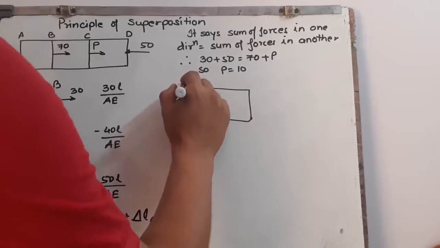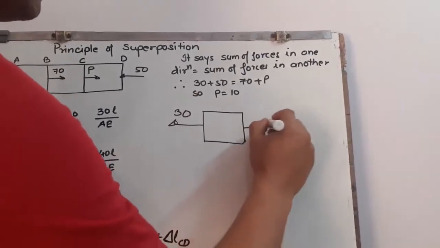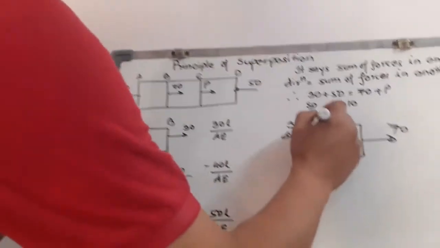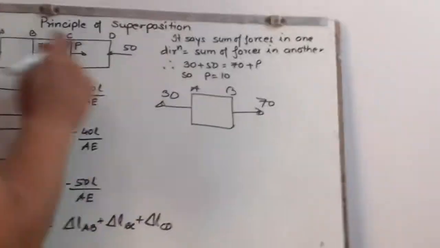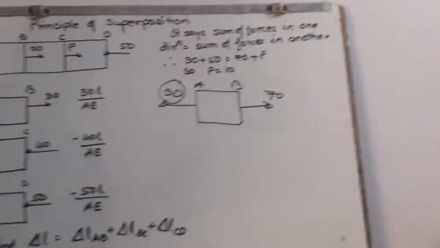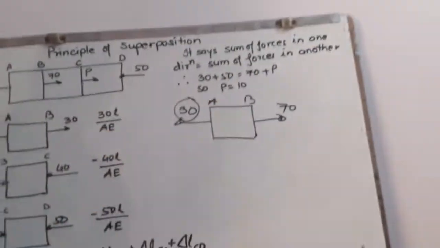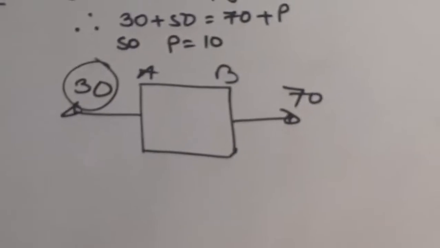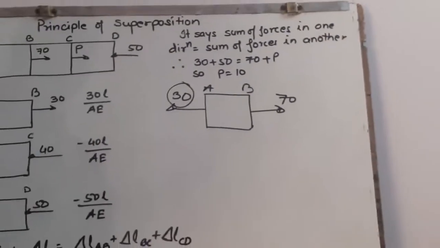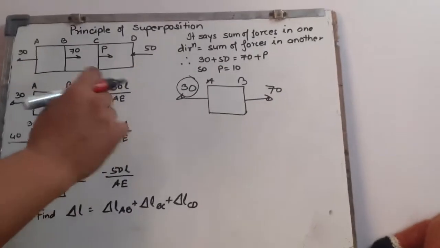This is 50 and this is 70 here. When you are moving from left to right, the left force will act as your reference and the right one is called your manipulator.